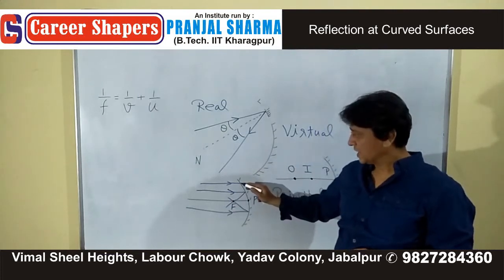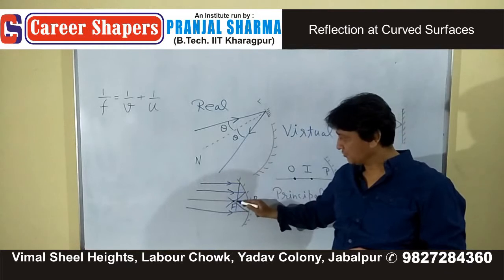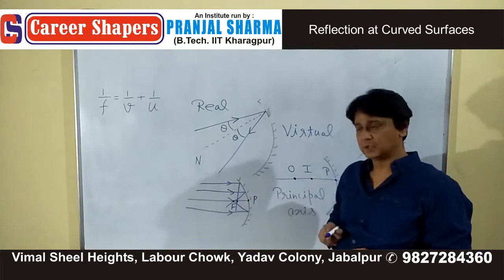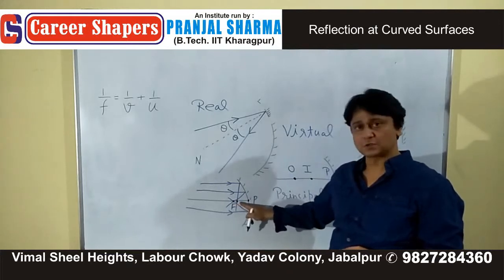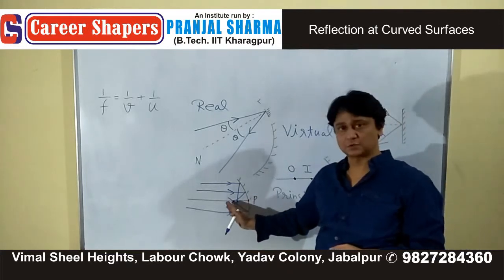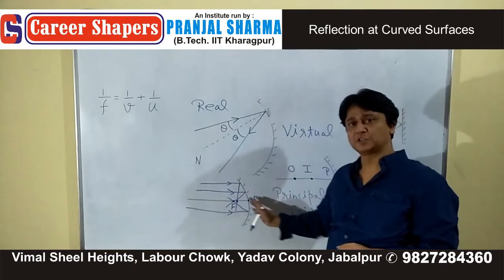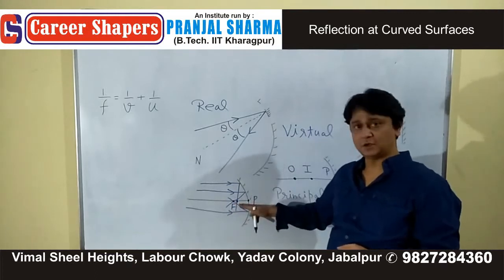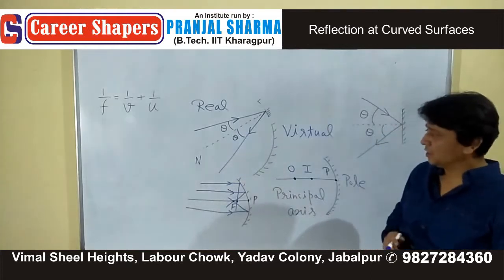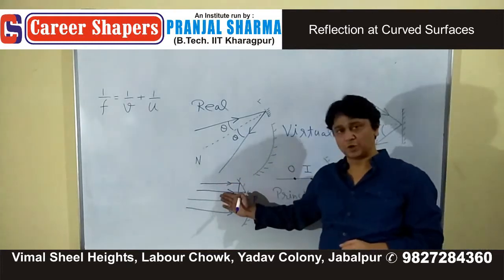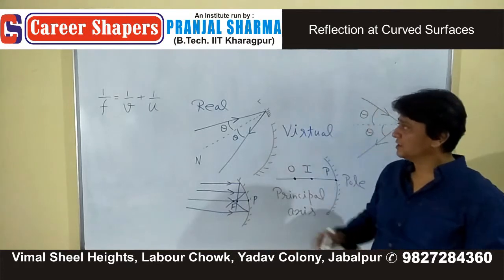Then its intersection will take place somewhere here. That means you don't have a single focus. There are multiple focus points, multiple points on the principal axis where these rays meet after reflection from the curved surface. Not for these rays only, for any ray.